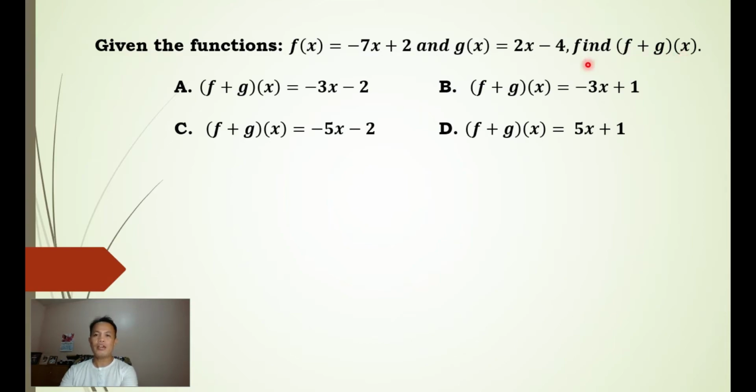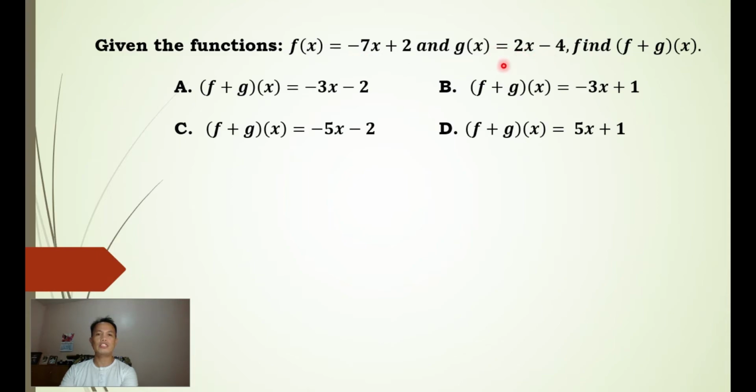Meaning we have to add the first function f of x to the second function, which is g of x. Again, our f of x is defined as negative 7x plus 2, and the second function is g of x equals 2x minus 4.